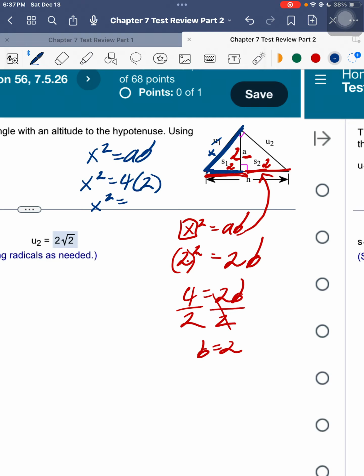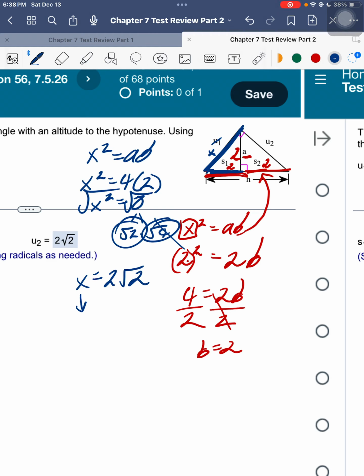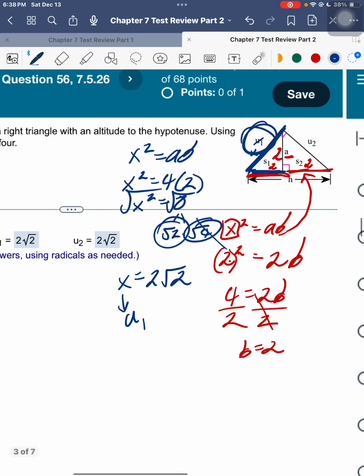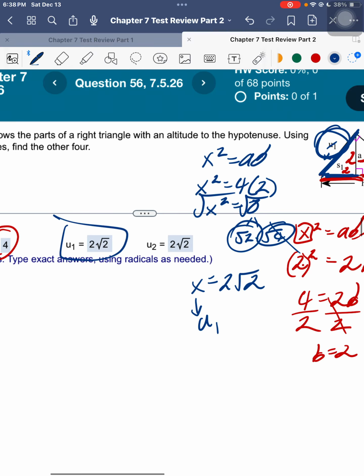So my geometric mean is X squared equals 8. So now this turns to square root 2 times square root 4. This square root 2 can come out. This stays. So my X is equal to 2 square root 2. And what was the same value as my X? It was also my S1. I mean U1. Right here. So my U1 is 2 square root of 2.